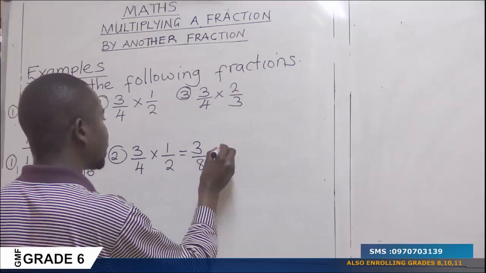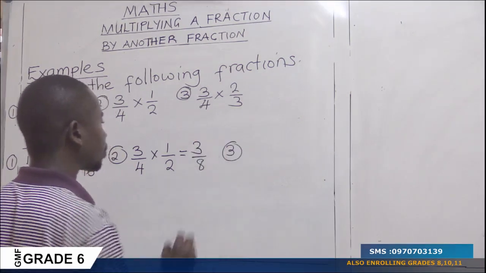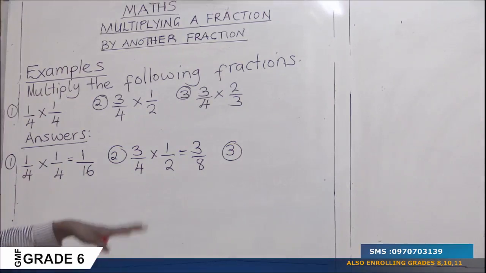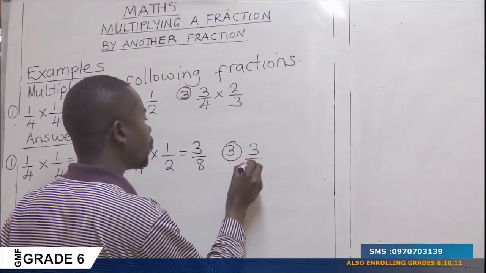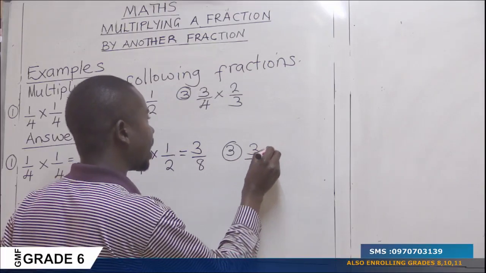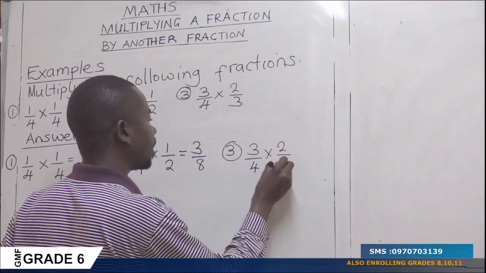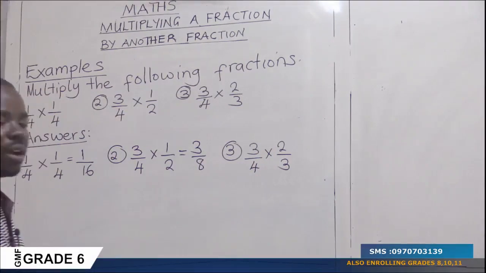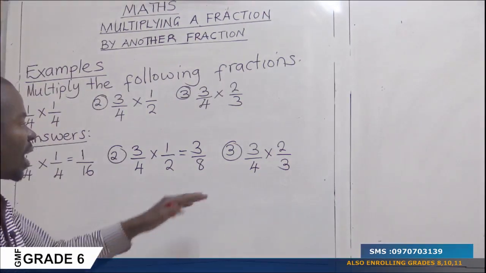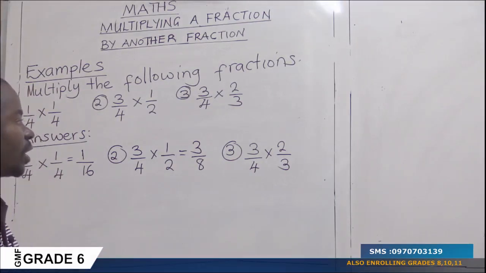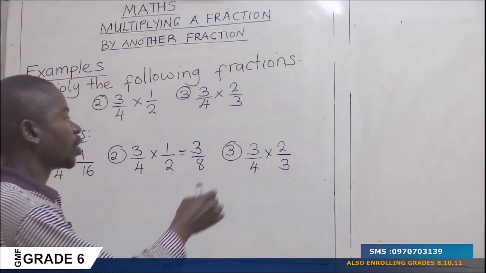Okay, let's go to example 3, boys and girls. Our example 3 says 3 over 4 times 2 over 3. So what is 3 over 4 times 2 over 3?